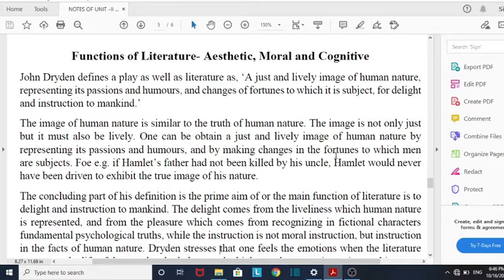Actually, as you know from imagery, I have told you what the image is, which is made by words. So it is the image which is made by the words. A poet is not a painter, so he doesn't have color and pencil and brush and white paper, so he can draw an image of human nature. So actually a poet collects some words, and through those words he creates an image.